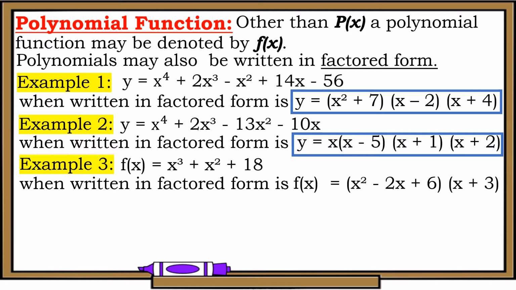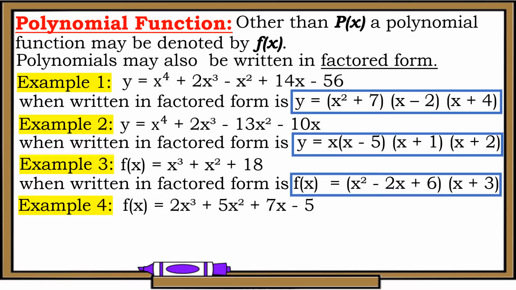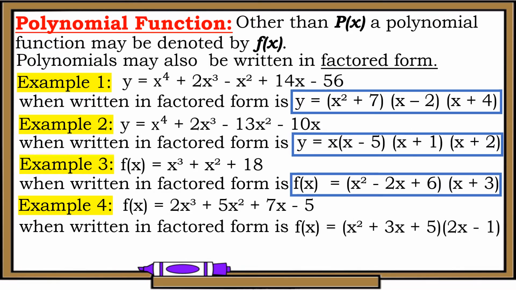Eto pa. Pwede siyang isulat na f of x or p of x. Example number 4. F of x is equals to 2x cubed plus 5x squared plus 7x minus 5. Ang factor niya ay f of x is equals to x squared plus 3x plus 5 times 2x minus 1.